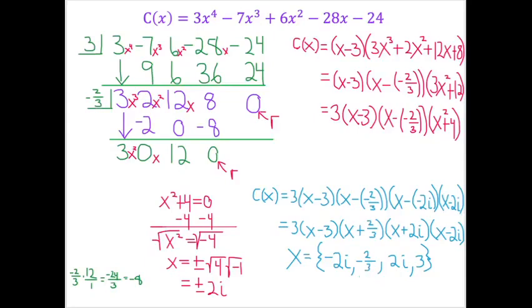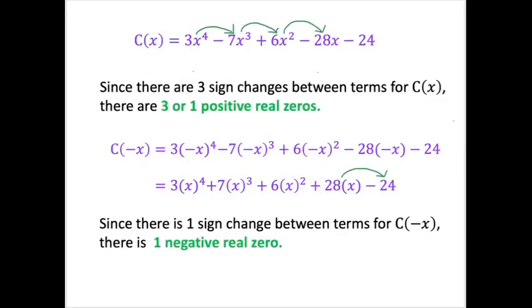So when we look back at Descartes' rule of signs, when we talked about the number of positive real zeros, it was 3 or 1. Well, we ended up with one positive real zero, and then instead of 3, those other two zeros ended up being the complex zeros with imaginary components of plus and minus 2i.